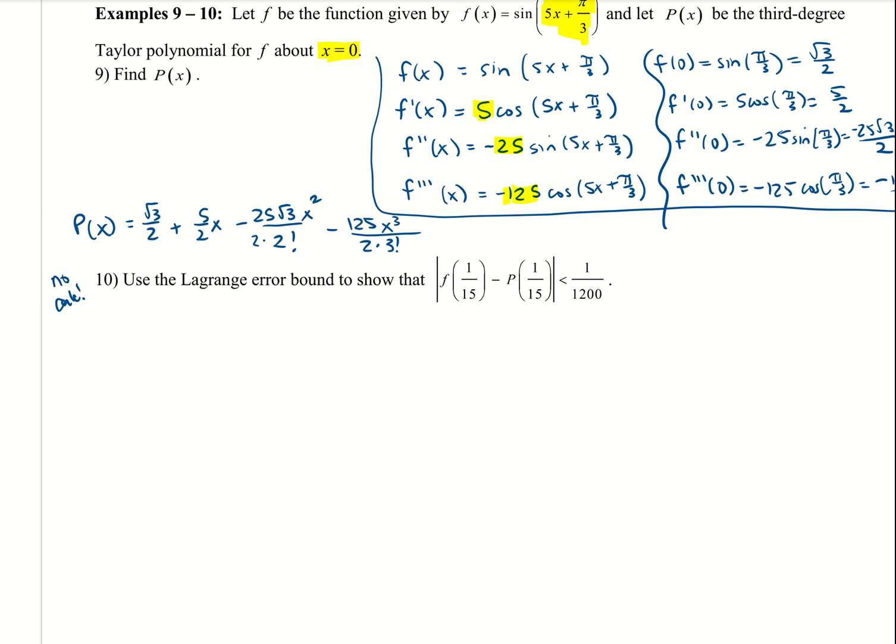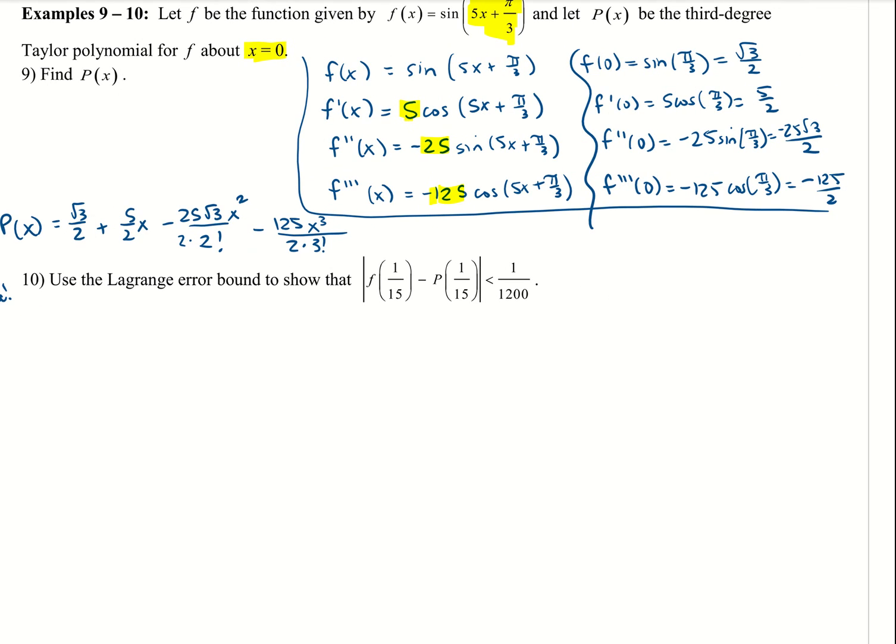So for my fourth derivative, if I look at my third derivative, my fourth derivative in terms of x could be found, let's see, I'll just take the derivative here. So this would be positive 625 sine, I already did my chain rule, already did my times 5, sine of 5x plus pi over 3. Now let's think about what we know about sine.